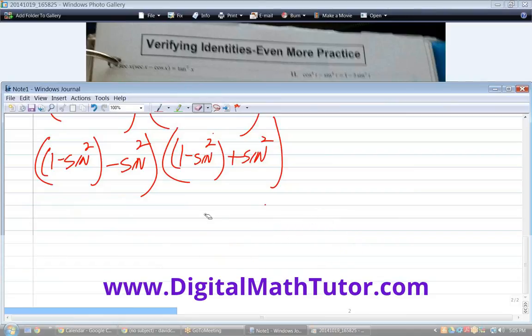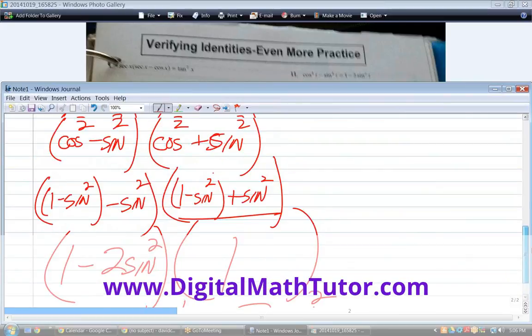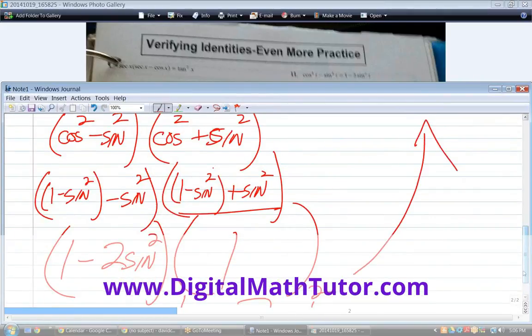So 1 minus sine squared is 1 minus 2 sine squared. And what does this become? Just 1. So now that answer is 1 minus 2 sine squared. That's what we're supposed to be proving it to be.